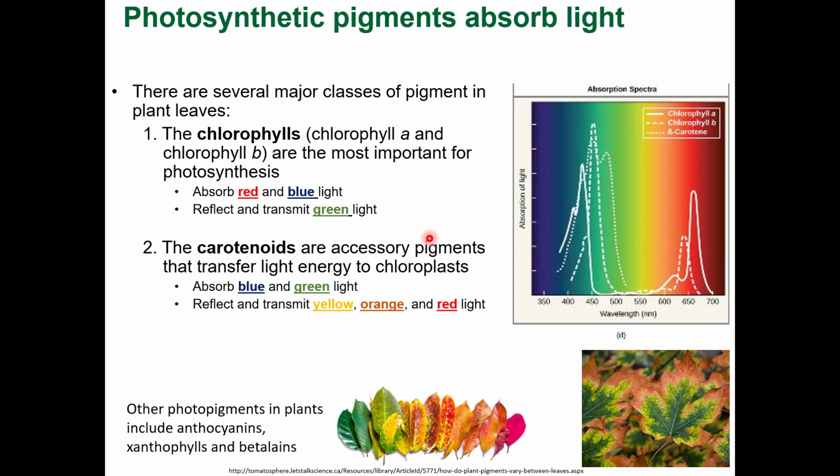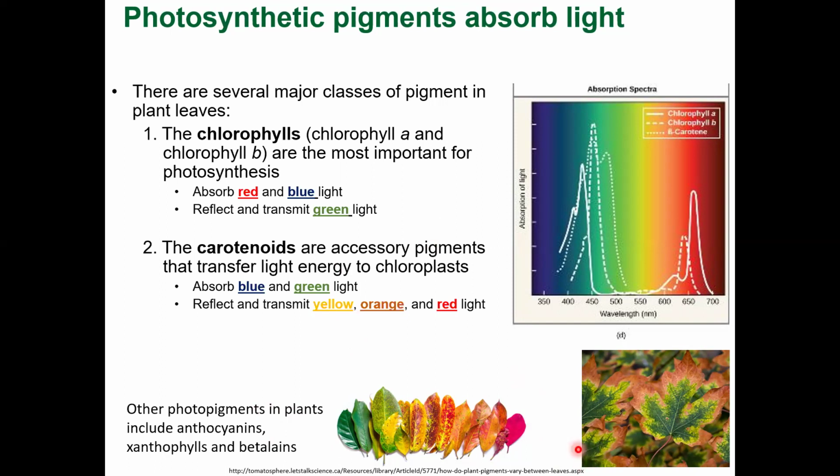Those are accessory pigments that pass light energy to the chloroplast by absorbing blue and green light, but reflecting every other color like yellow, orange, and red. That's a couple of the reasons why we have different colors in leaves.